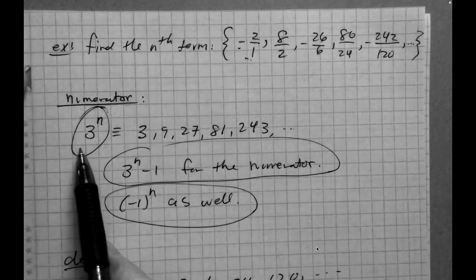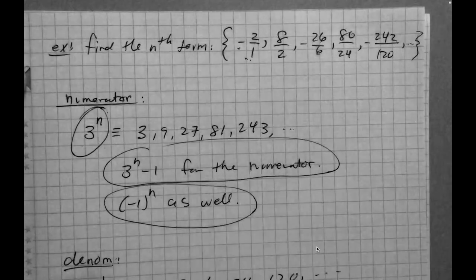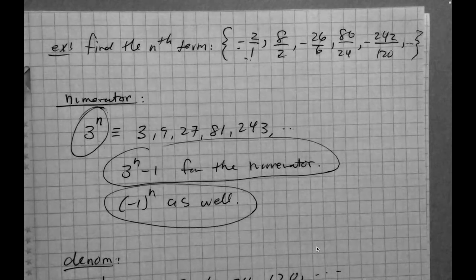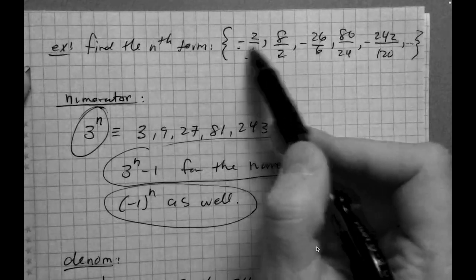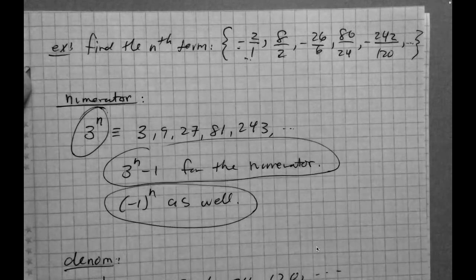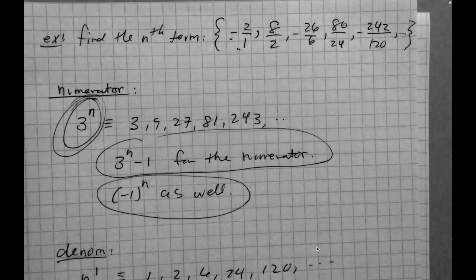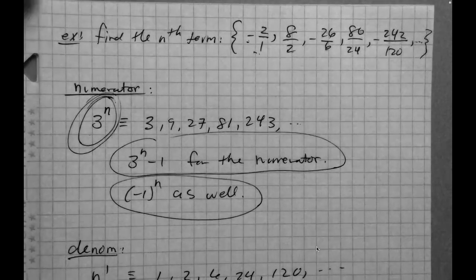You might just recognize that though, like 3, 9, 27, 81. Those numbers might be firm enough in your head, and the fact that these are 1 less than them might spark some recognition, right? But you can see that this is a subtle activity, right?